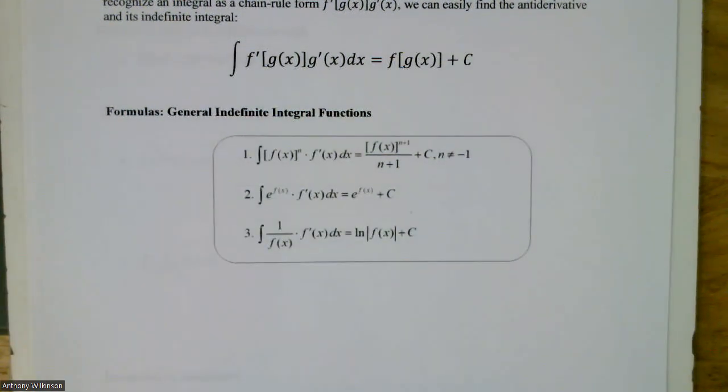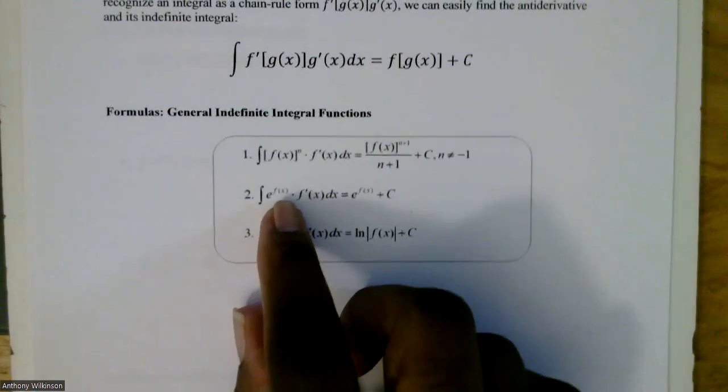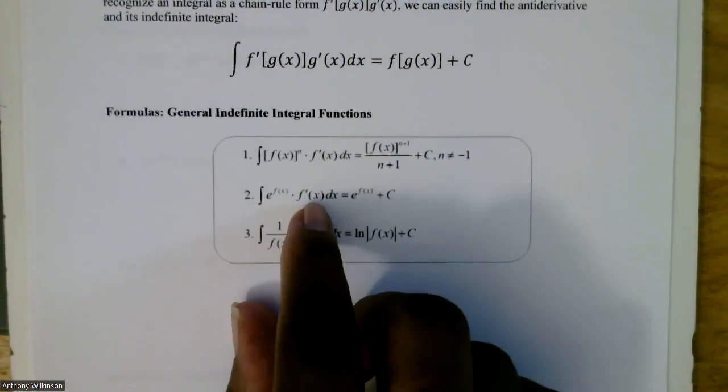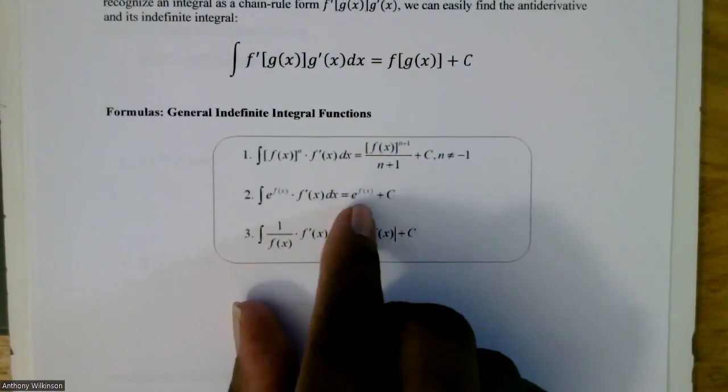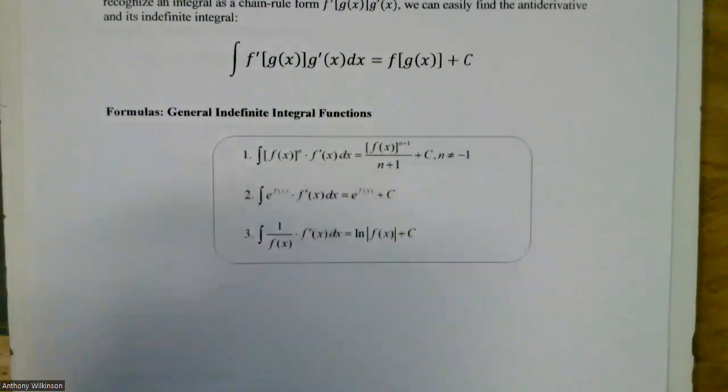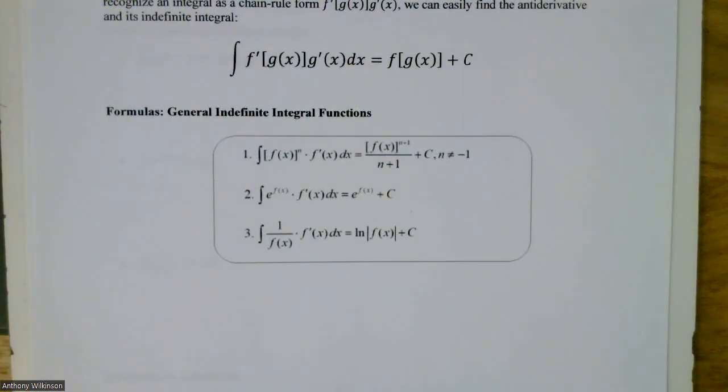Number 2, the integral of e raised to the f of x, where f of x is some function, times f prime of x dx will just be e raised to the f of x plus c.